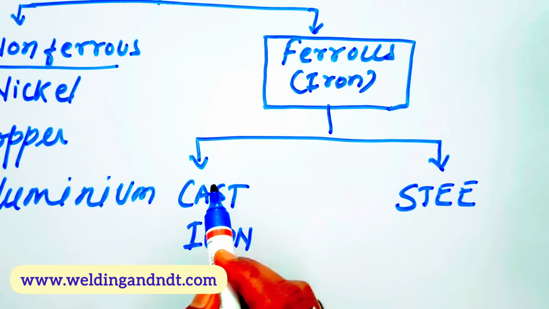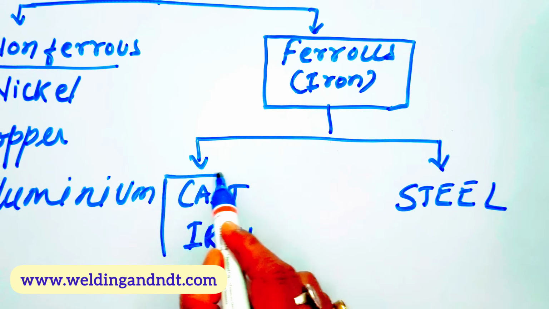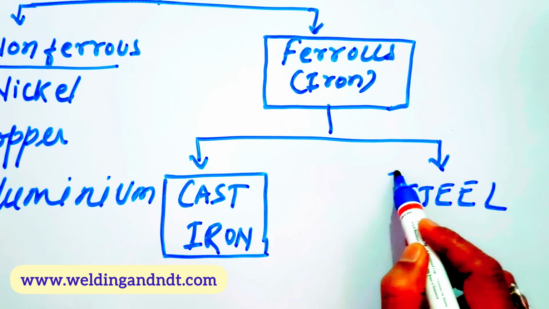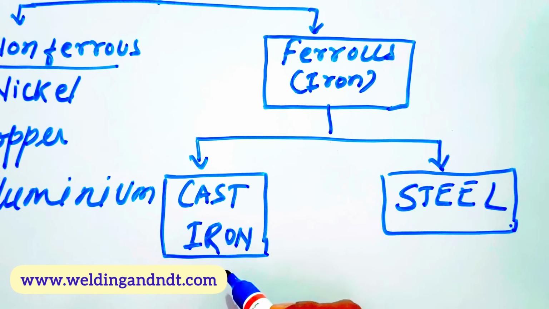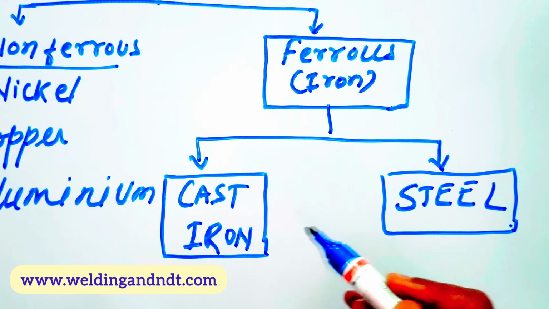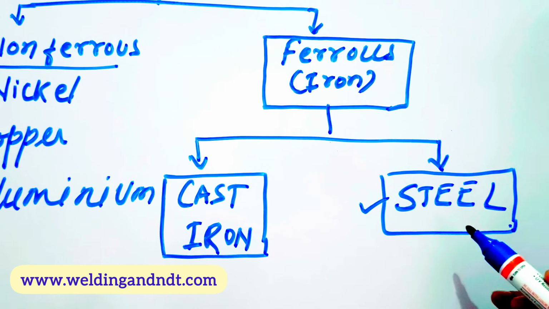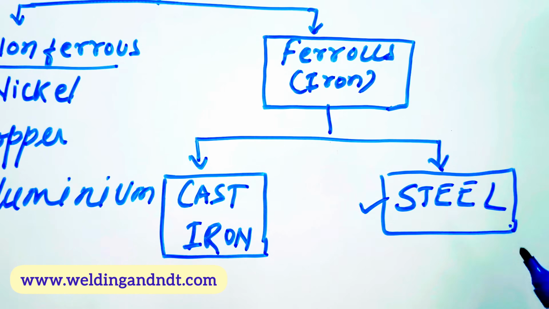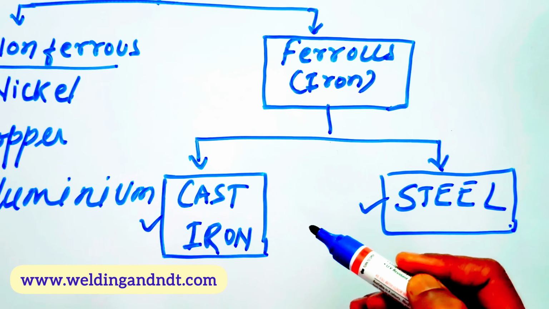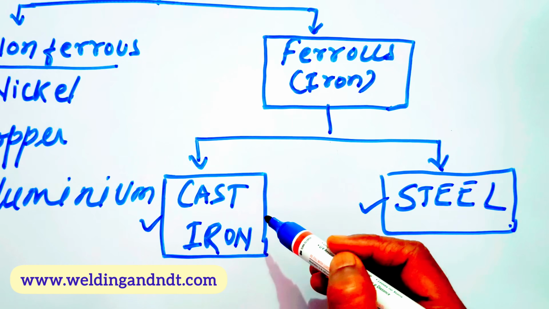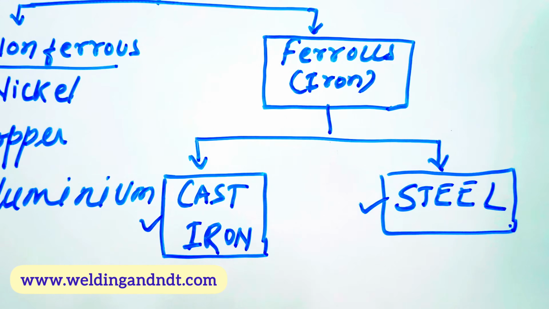So the ferrous metals are further divided into two types, cast iron and steel. So friends, there are many types of cast iron that we'll learn later. First, let me explain about the classification of steel. I'll explain steel first, then I'll explain cast iron, and along with that explanation, I'll also give you the material specification and grade of cast iron and steel.